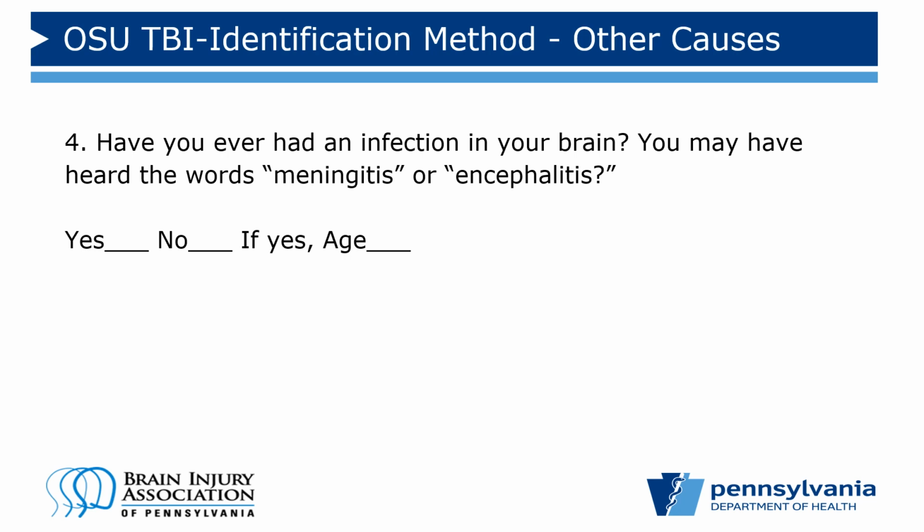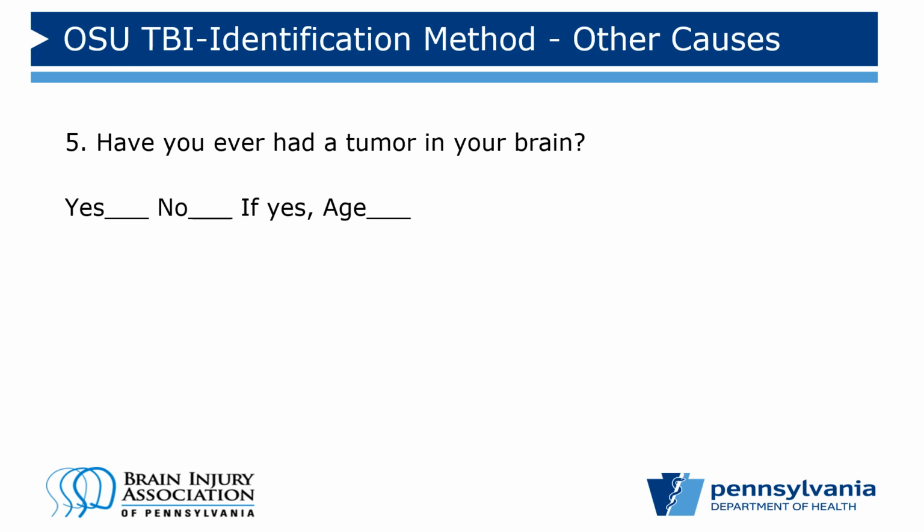Have you ever had an infection in your brain? You would have heard the words meningitis or encephalitis. Again, yes or no, and then if the individual has had that history, the age at which it occurred. Question 5 asks whether or not the individual ever had a tumor in their brain. Again, they answer yes or no, and we record the age at which the event happened, if in fact there was an event.